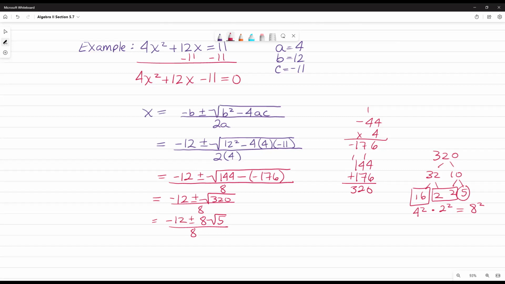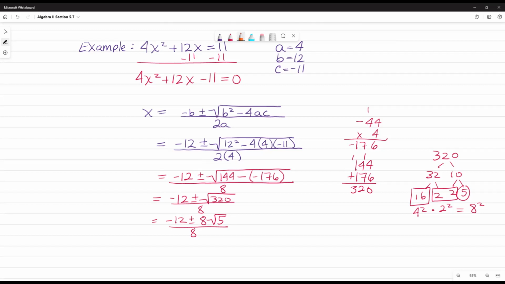Okay, so when you have numbers that are separated by plus or minus, you can reduce. Do you see how the negative 12, the 8, and the 8, you have to reduce all 3? You can't just reduce the negative 12 and the 8. What's the greatest common factor of those 3 numbers? 4.